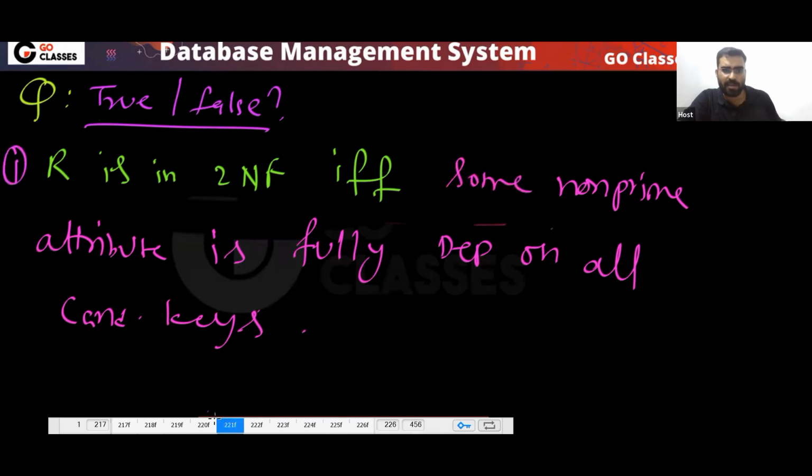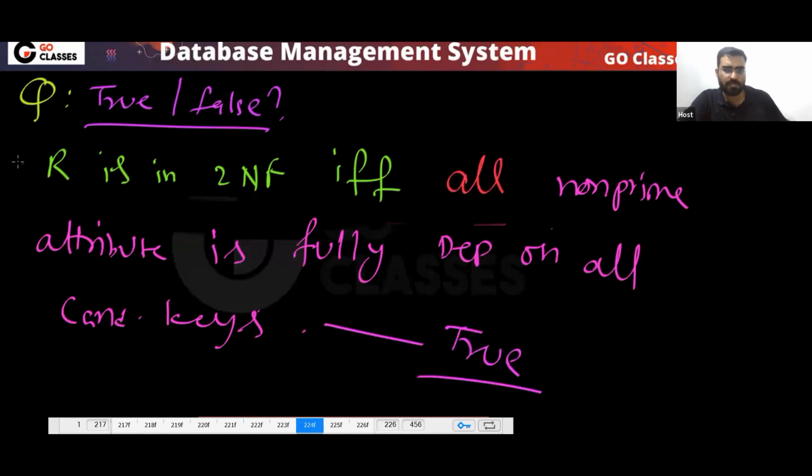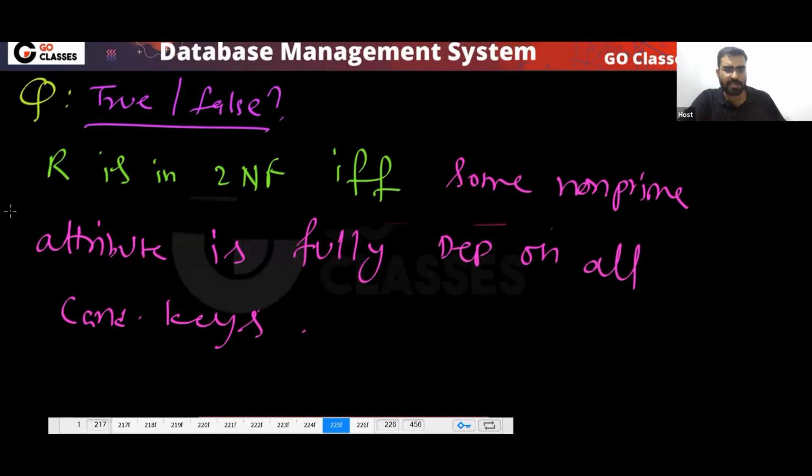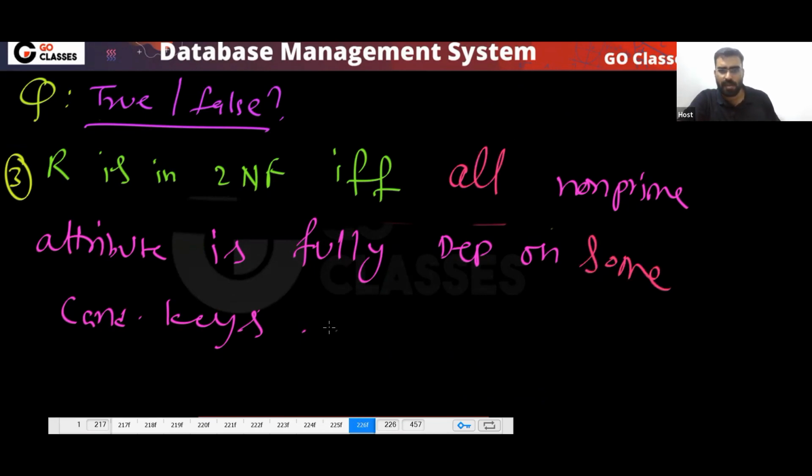So this is your question number 1. Then you have question number 2. Now let's see question number 3. In question number 3, I am changing it to some. Now tell me. Now also this is false, because this statement is saying all non-prime attributes are fully dependent on some candidate key.